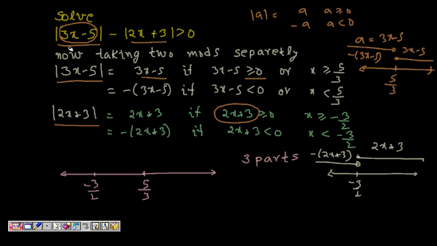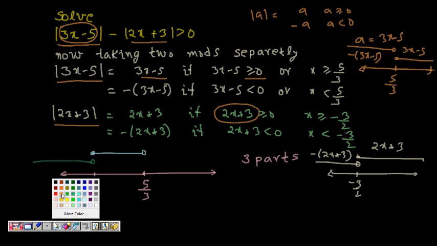But we now know that we have to solve this equation or inequality with both of them together. So what we do now, we put both these numbers on the number line and we get 3 parts. Okay, so we have now 3 parts. So part 1 is this, let's say, and let us have part 2, which is this, and part 3, which is this one.